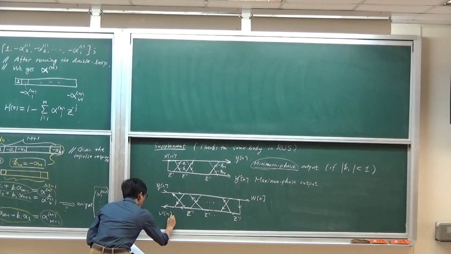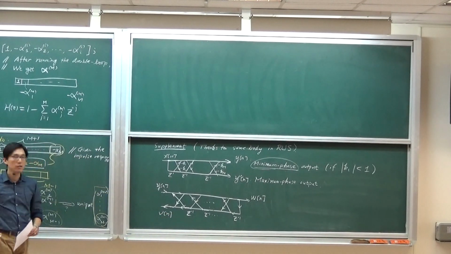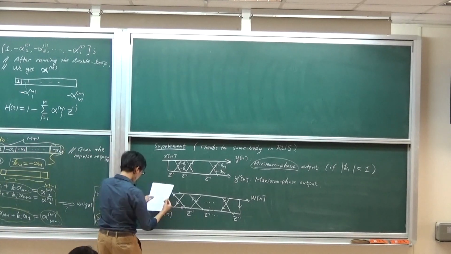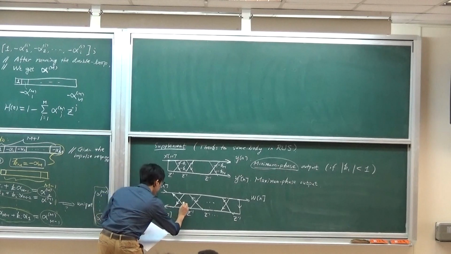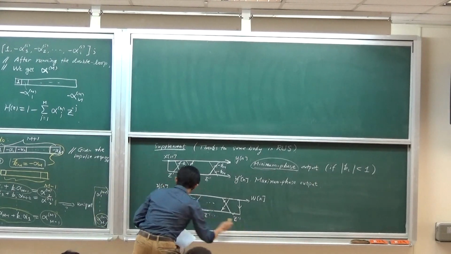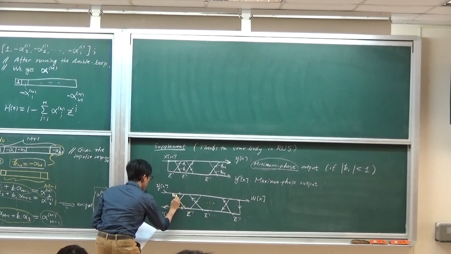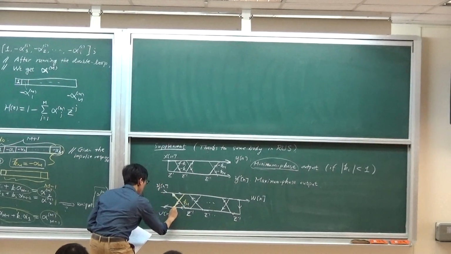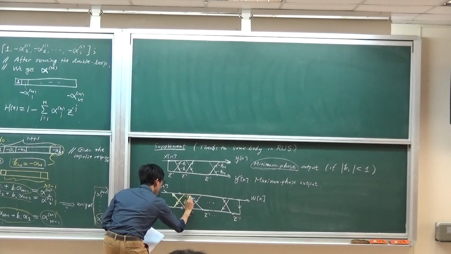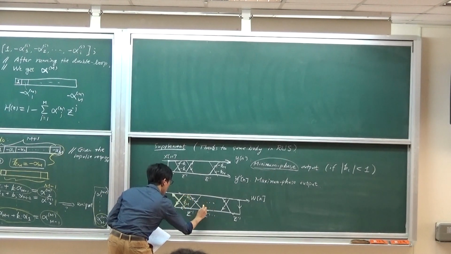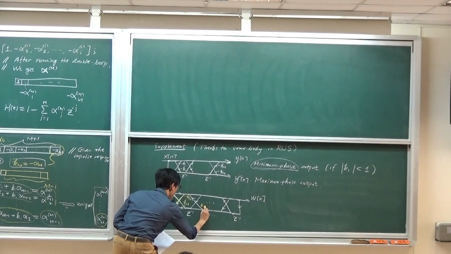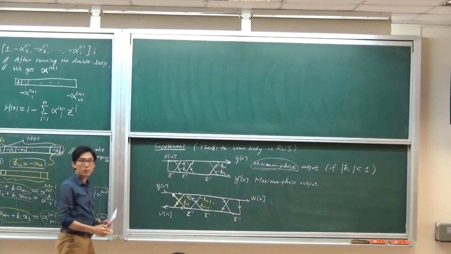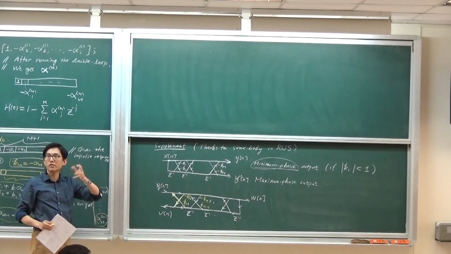So Y, W, and V. By the way, we also need to define the coefficients carefully. Let's say this branch is associated with the coefficient Kn, and this one going downward is minus Kn. Similarly, K of n minus 1, and minus K of n minus 1. So you have to be super careful about the order and the sign.